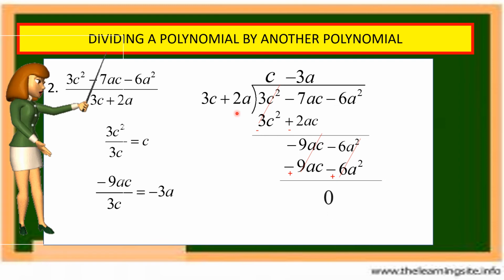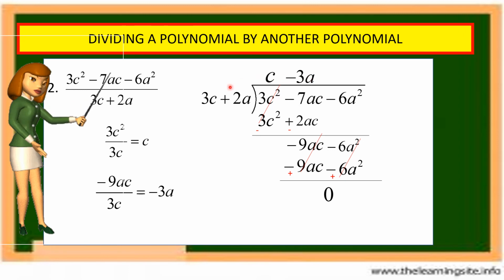No, there is no remainder. The remainder is 0. How do we know whether our answer is correct? Multiply the quotient and the divisor. Multiply c minus 3a times the quantity of 3c plus 2a, and the result must be 3c squared minus 7ac minus 6a squared.